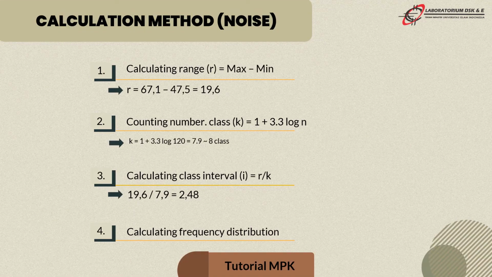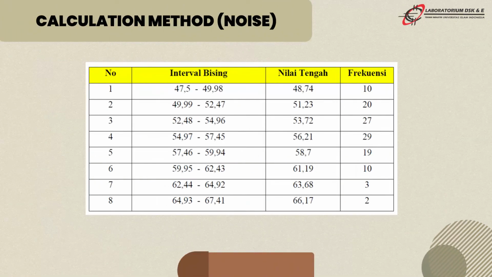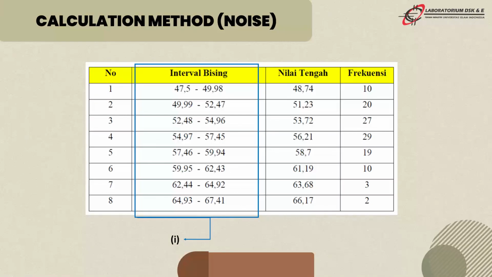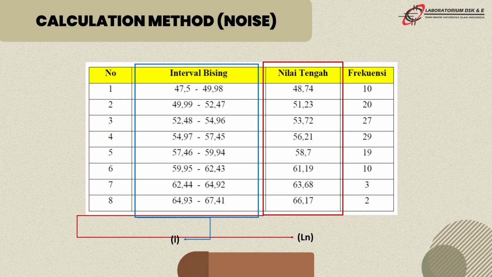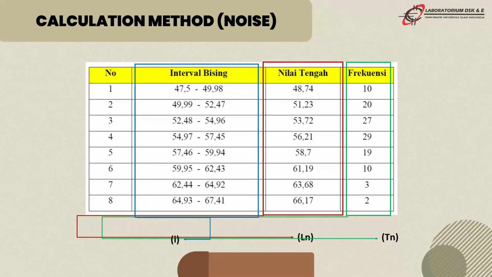After that, we can calculate the frequency of each distribution, like this table. From this table we can know the interval value, then the median value of the interval is named Ln, and the frequency of each interval is named Tn.